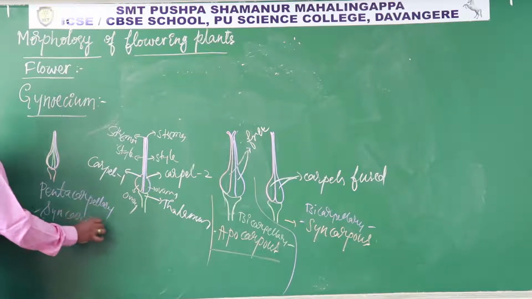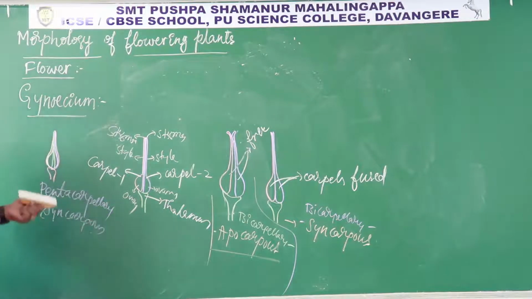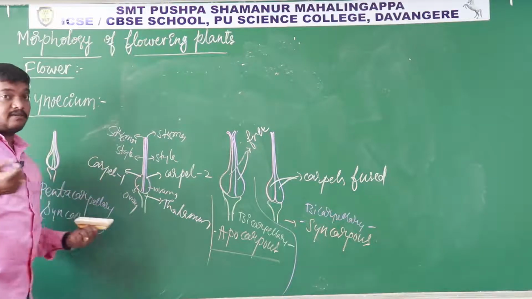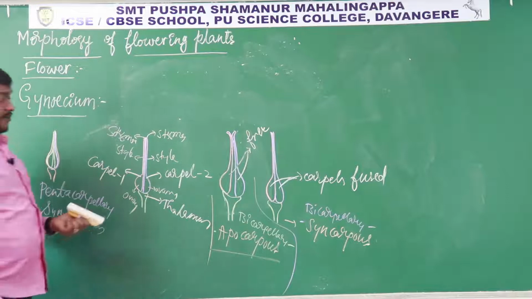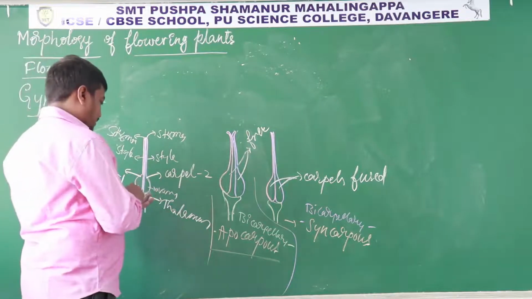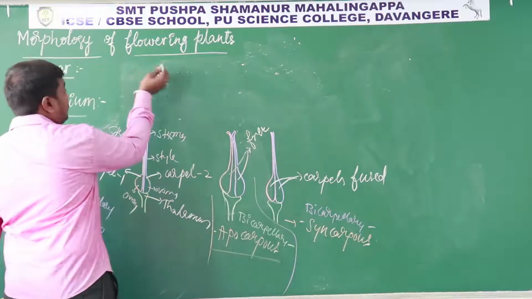Pentacarpellary syncarpus condition is also there, as we've seen in lady's finger, okra, which has this kind of pentacarpellary syncarpus condition. Okay, so let me give some examples for bicarpellary apocarpus.